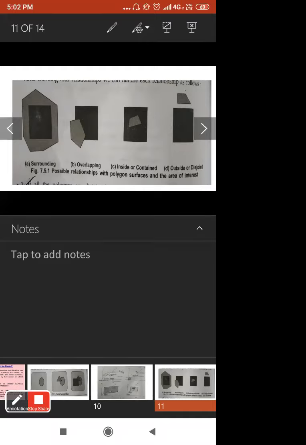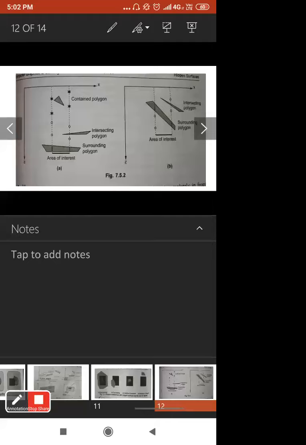With the help of these cases, the concept is the same but the diagram is different, so that you can get a better idea.